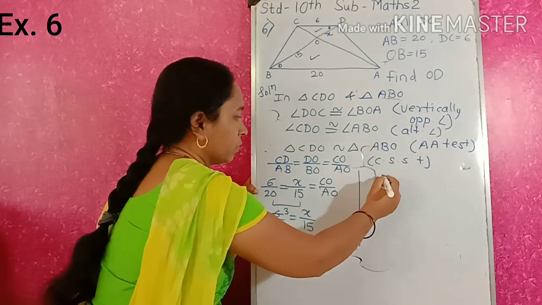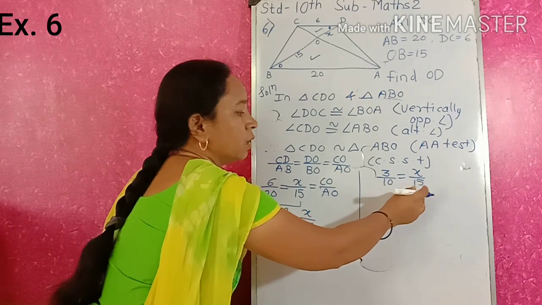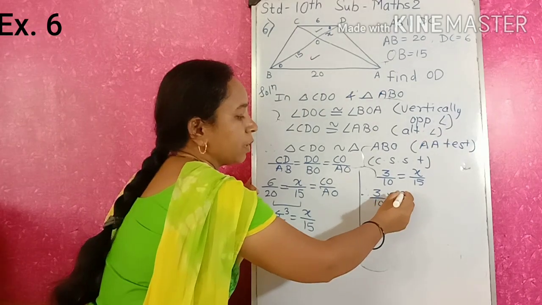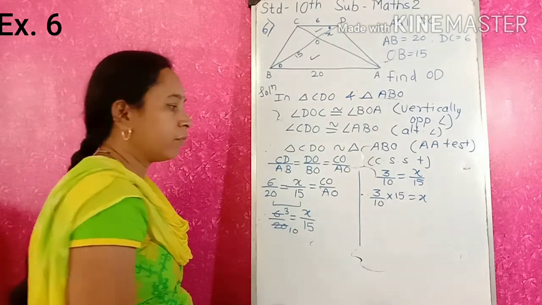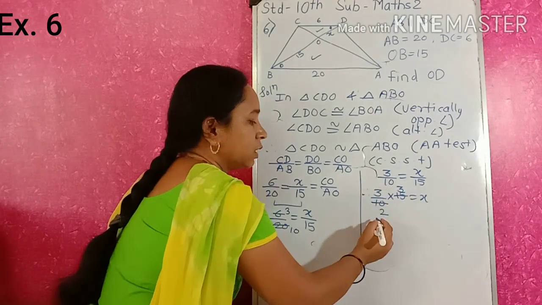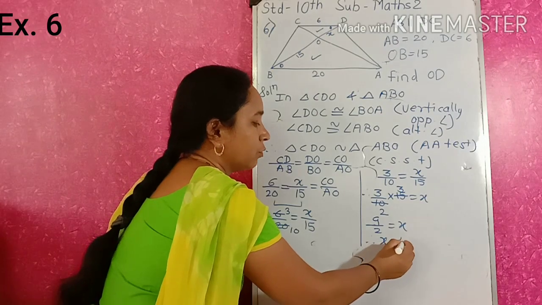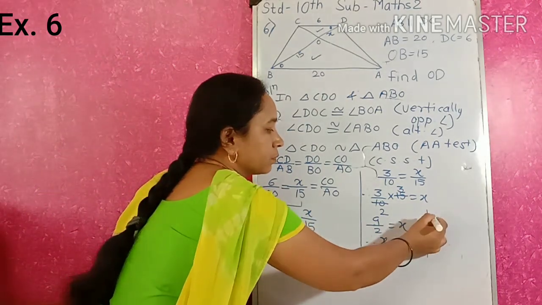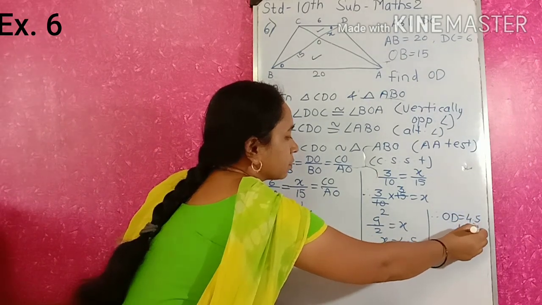So I'll get 3 upon 10 is equal to X upon 15. Transfer 15 to this side. So therefore 3 upon 10 multiplied by 15 is equal to X. 10 and 15 are divisible by 5. 5 2s are 10, 5 3s are 15, so 3 times 3 is 9 upon 2 is equal to X. Therefore X is equal to 4.5 units. What is X? X means OD's answer. So therefore OD is equal to 4.5 units.